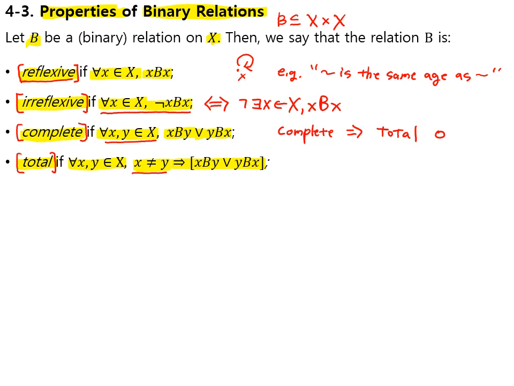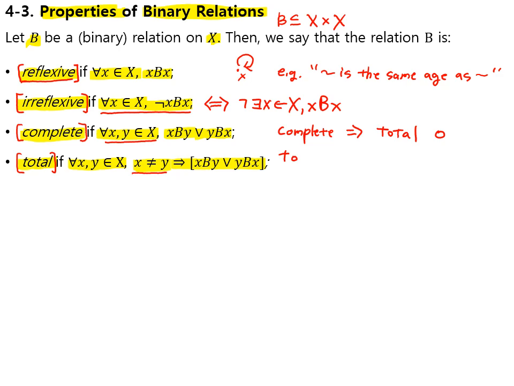It applies to every pair of elements in X, even when they are the same. Meaning that if a relation is complete, it also applies when the two elements X and Y are the same.